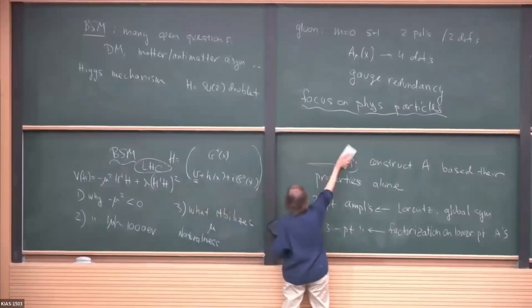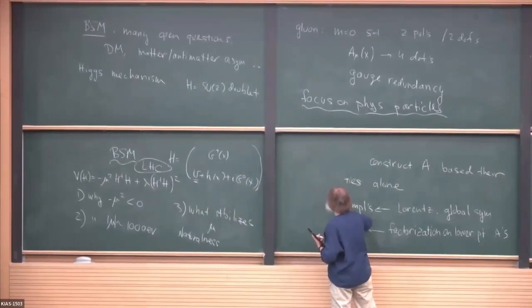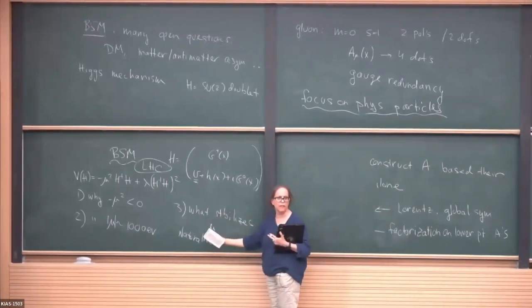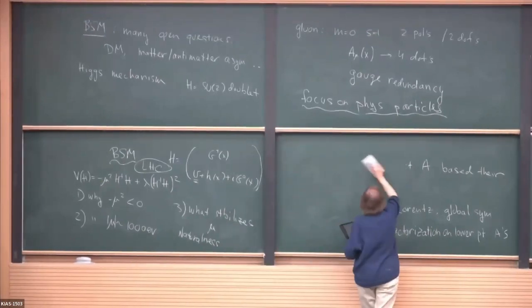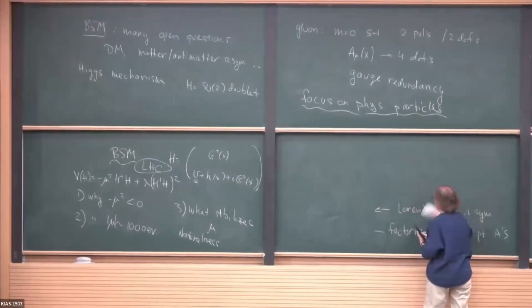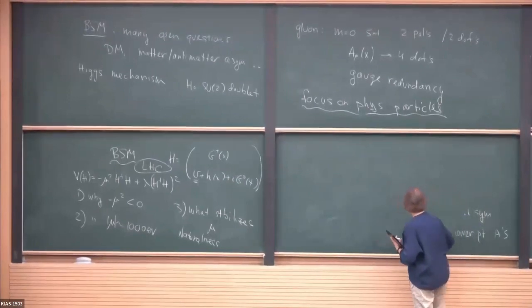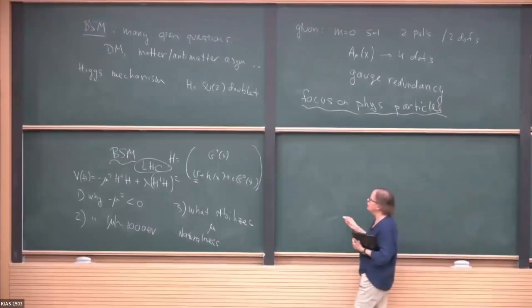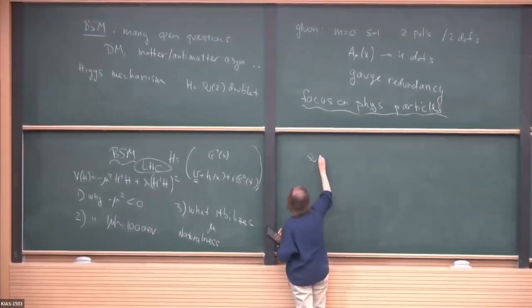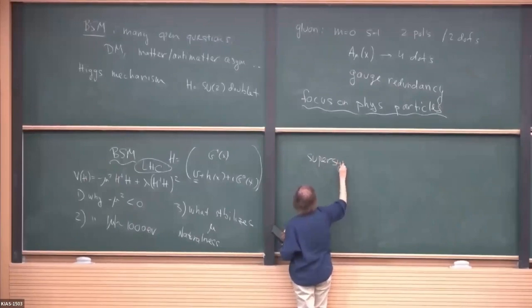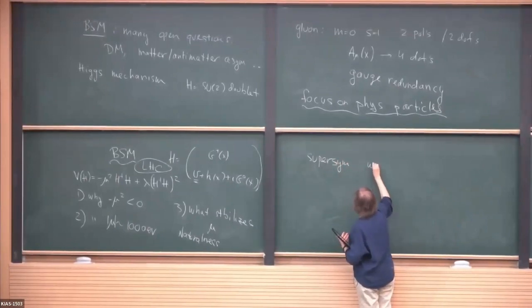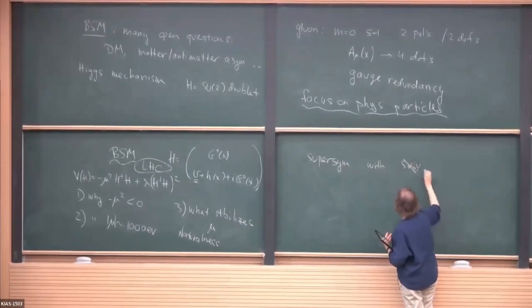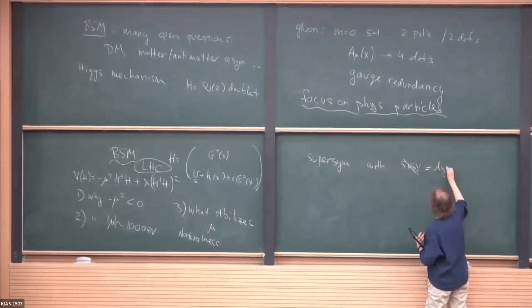Now, one thing that I want to stress is that there are BSM scenarios that do all of these things, and do this very beautifully. I'm not going to enter into any detail, but personally, I think the most compelling one is supersymmetry with supersymmetry breaking that's dynamical.